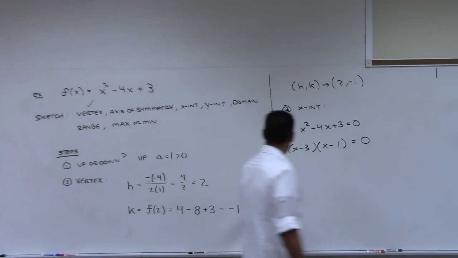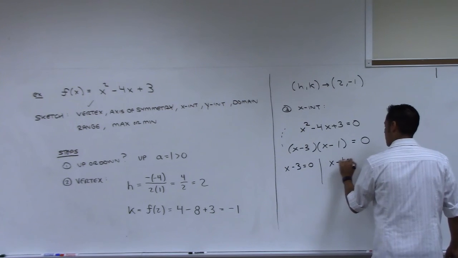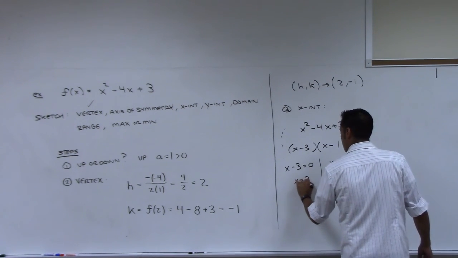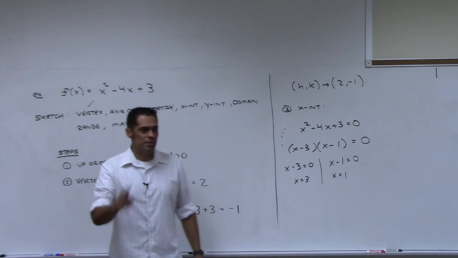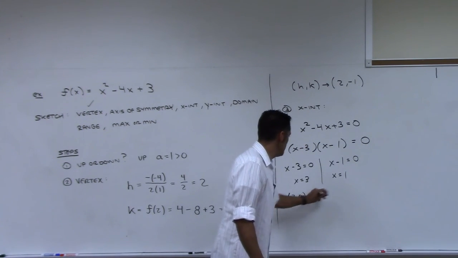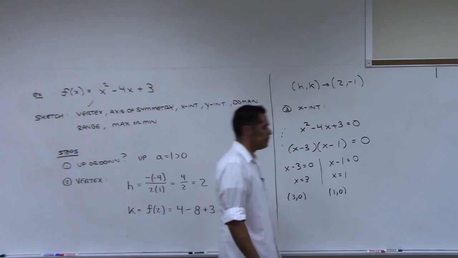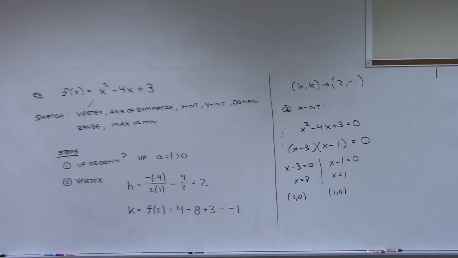Once you factor it, you set the 2 factors equal to 0, and you get x is 3 and x is 1. All right? So these are actually 2 points on our graph: 3, 0, and 1, 0. Questions?